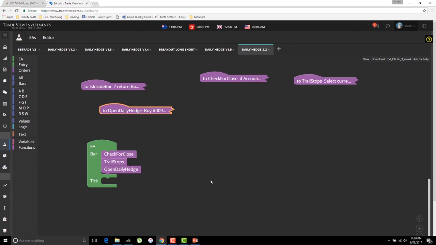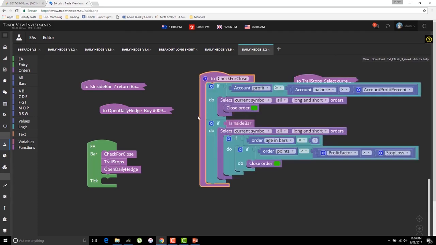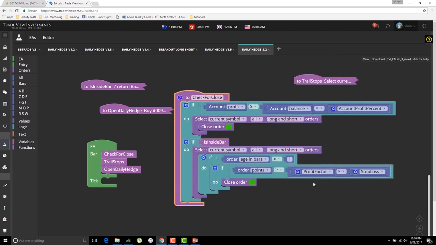So just to let you know, the main difference between this model and the other model is actually only one thing different. There's only one thing different, Todd, yeah? Yeah, in the check for close. Yep, okay. So the thing that's different is this profit factor. This was something Todd actually came up with, hence why he's on this episode.